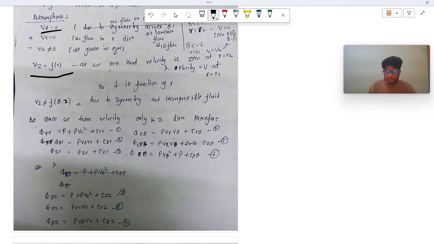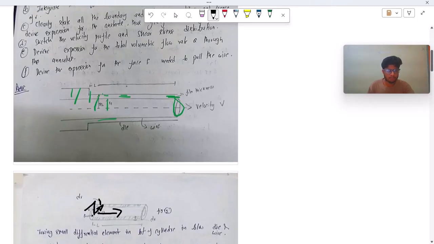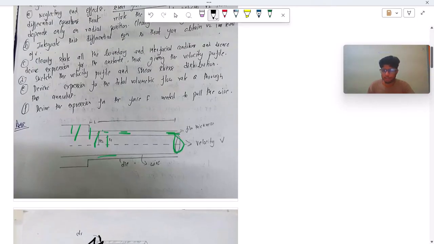We can clearly see that when our wire is moving with velocity v, the fluid that is attached to the wire is also moving with velocity v due to the no slip boundary condition, and the fluid which is attached to our die is not moving as the die is at rest. So here the fluid is moving with velocity v, and here the fluid is moving with velocity 0.